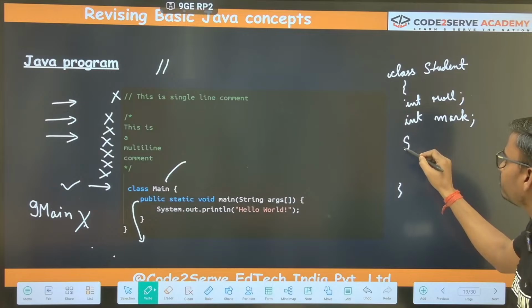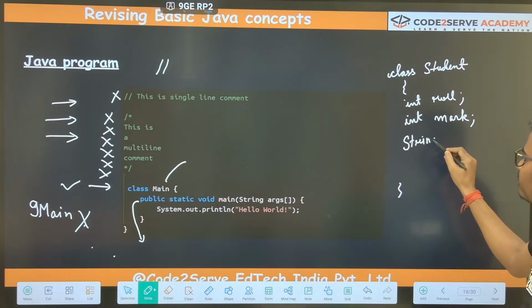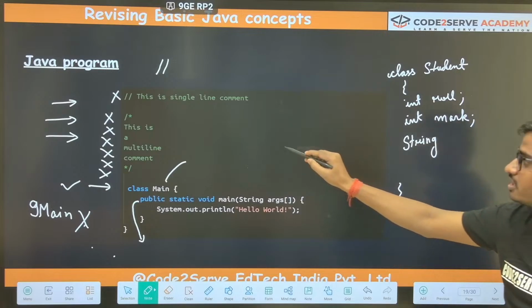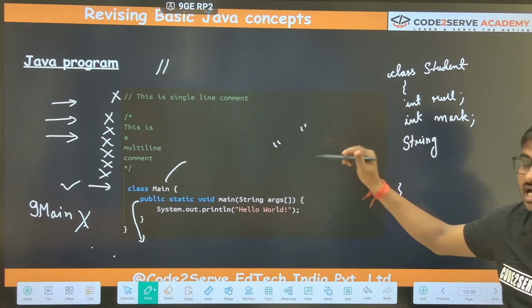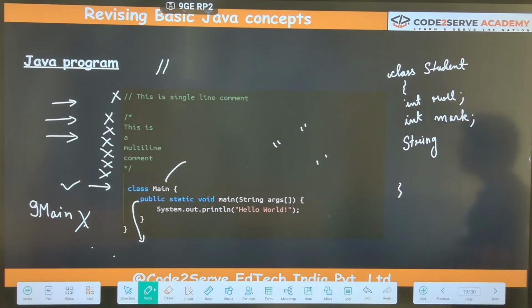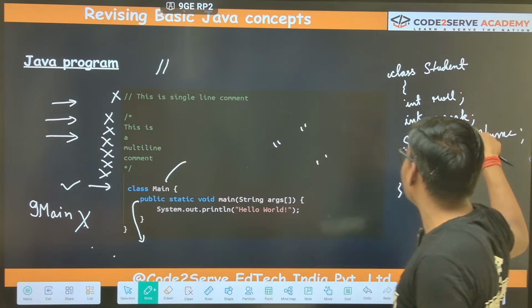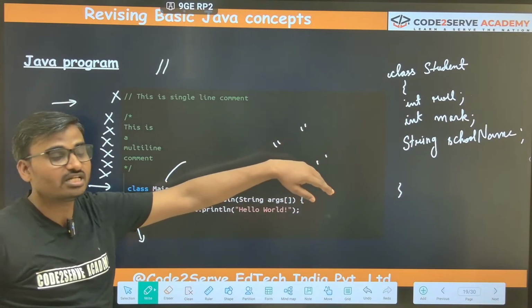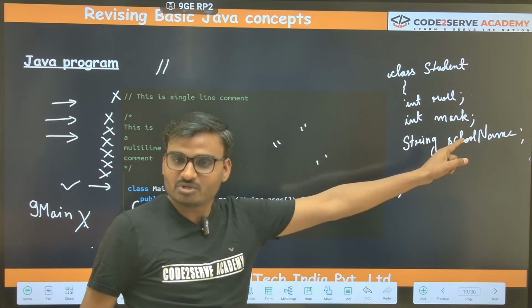So this will be a string. What is a string? A combination of characters, and a string is always written in double quotes. A character is written in single quotes. So suppose the string is schoolName. See here the naming convention, how I am writing the variable name. Always write in camel case.